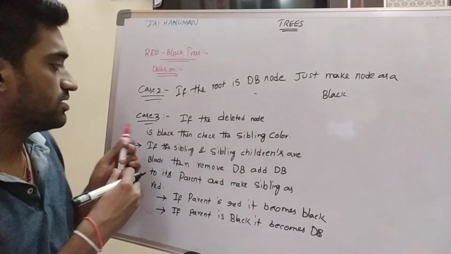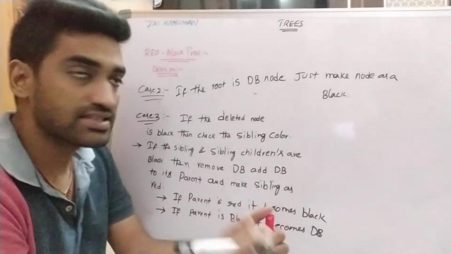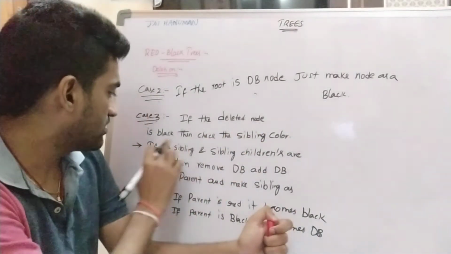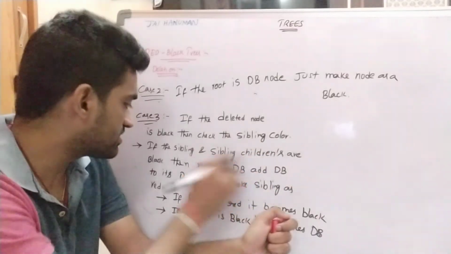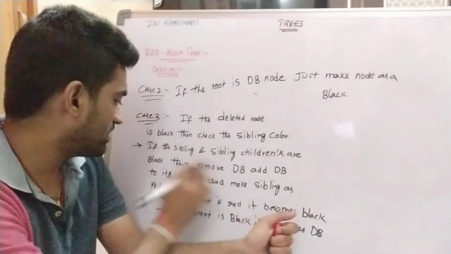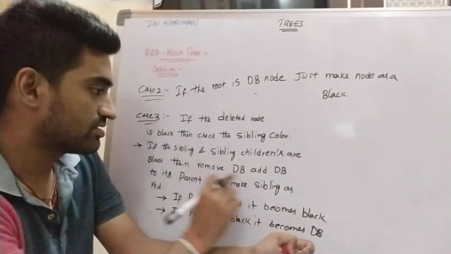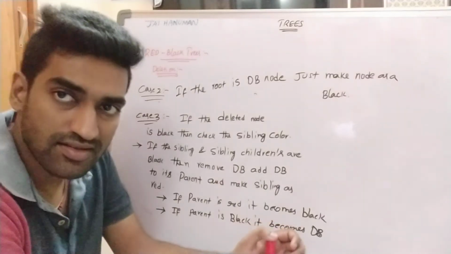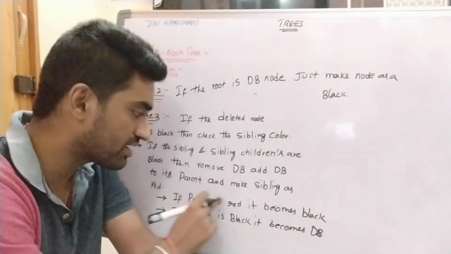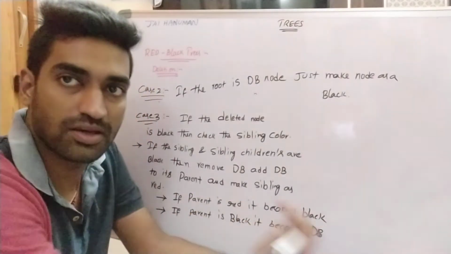So simply, if the deleted node is a black node, first of all we check the sibling color. If the sibling color and sibling children are black, then remove DB and add DB to its parent and make the sibling red, right? So here two possible cases for the parent. If the parent is red, it becomes black. If the parent is black, it becomes double black, right?